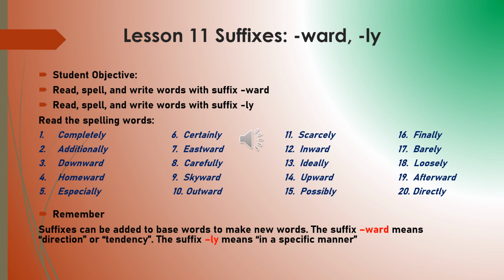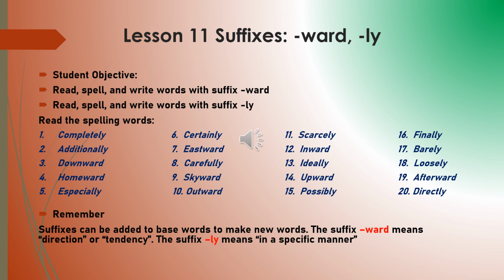Remember, a suffix can be added to a base word to make new words. The suffix ward means direction or tendency. The suffix ly means in a specific manner. Here you have the meaning of the suffix ward and the meaning of the suffix ly.